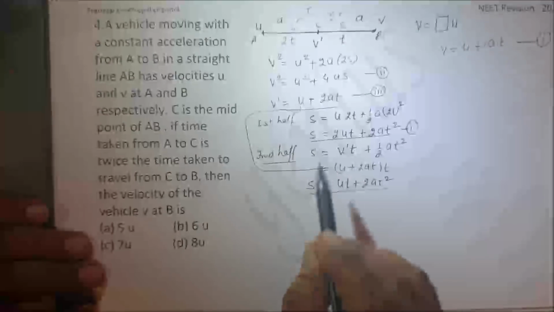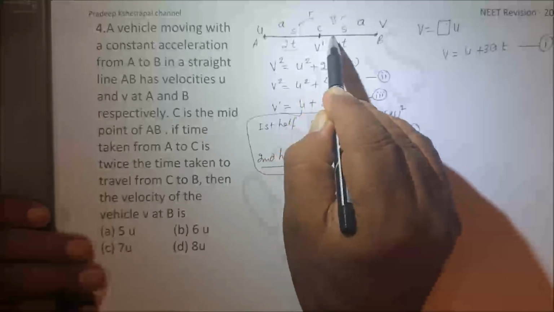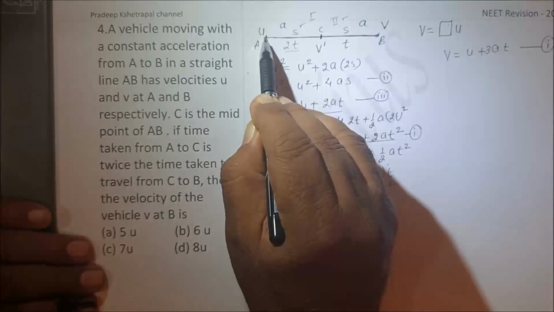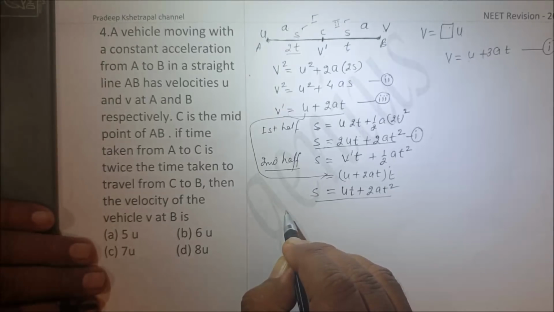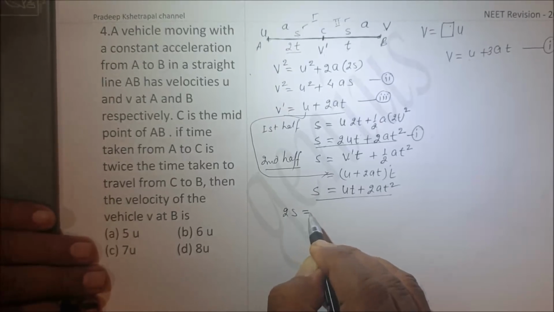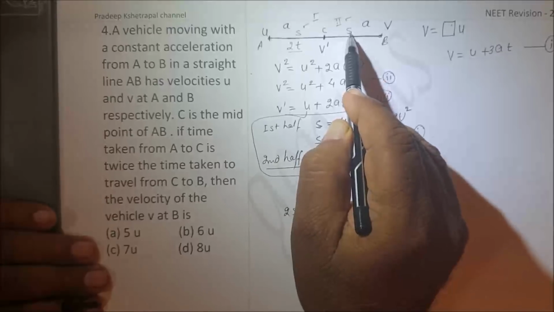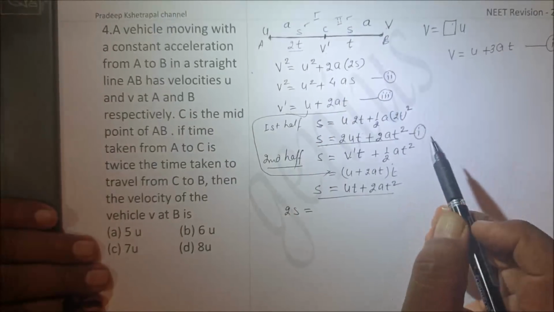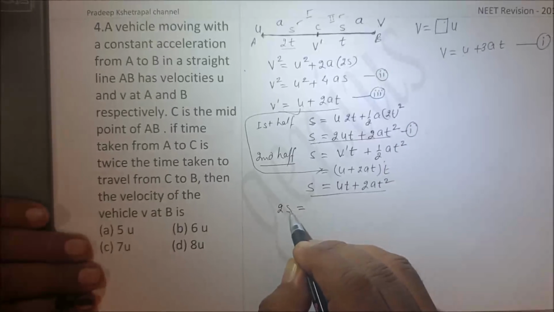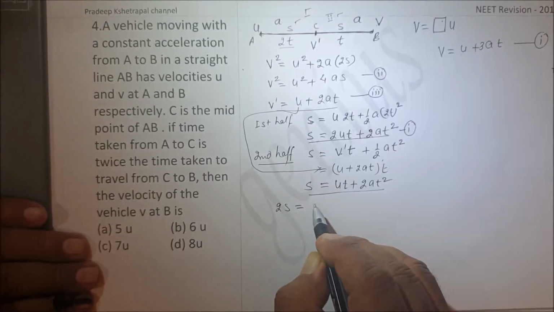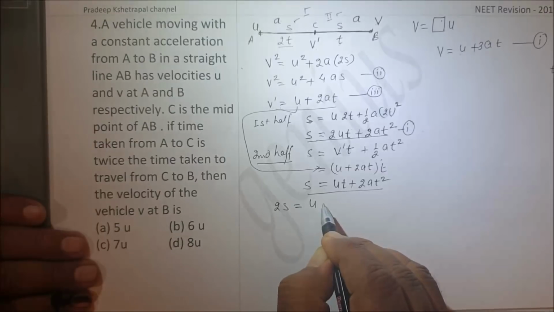If we take this v, and this is 2s and this is u, then v dash is not involved. How do we do that? That is 2s is equal to ut, u into t.